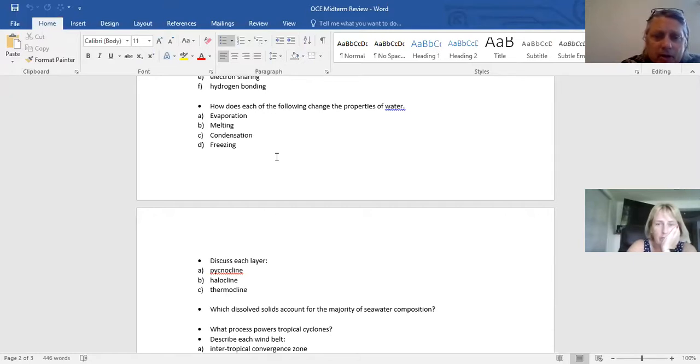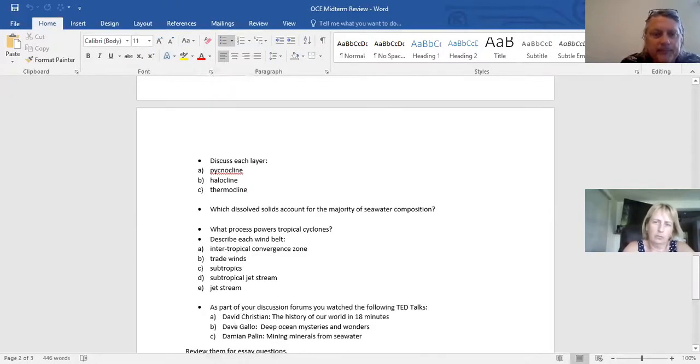A little caveat to that, I would add salinity to those because the salt interferes with the hydrogen bonding. So salt makes it easier, because the hydrogen bonding is disrupted, so it makes evaporation a little easier and makes freezing a little more difficult, lowers freezing point just a tad.